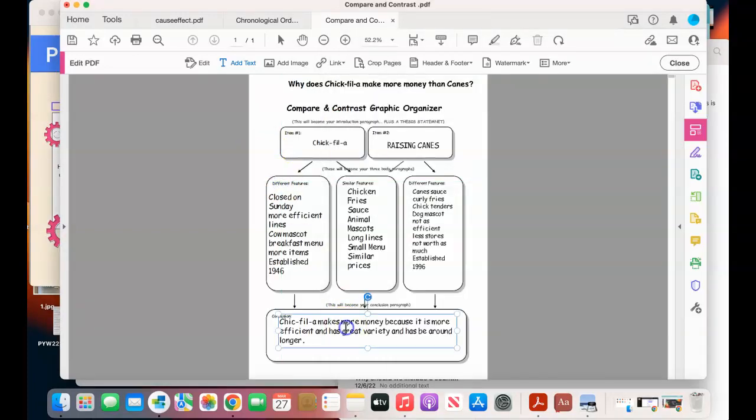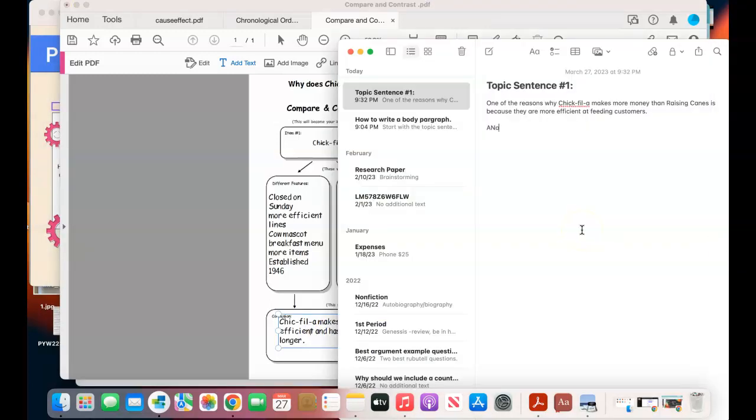Okay? Looking at my conclusion again, efficient, they have great variety. So another reason why Chick-fil-A makes more money than Raising Cane's is because they have a wider variety of menu items, specifically a breakfast menu.